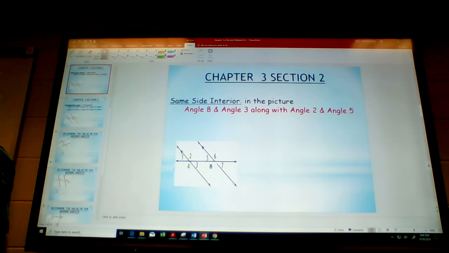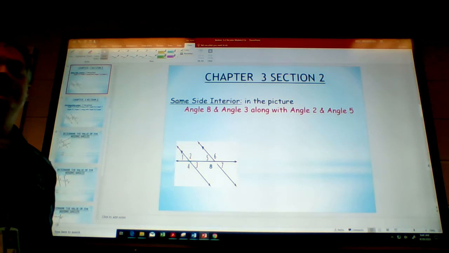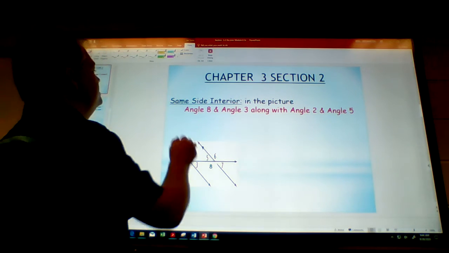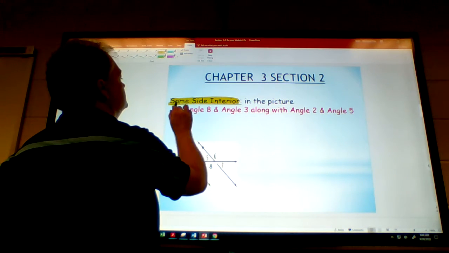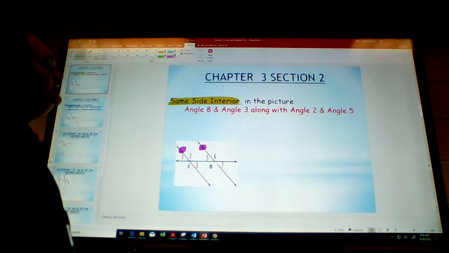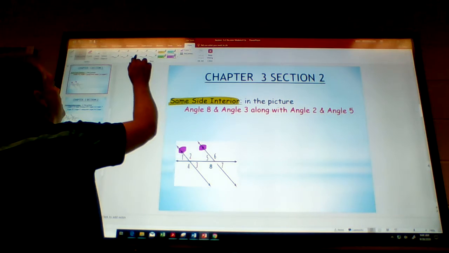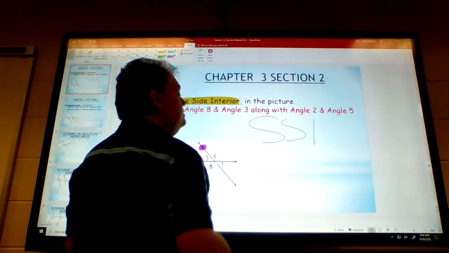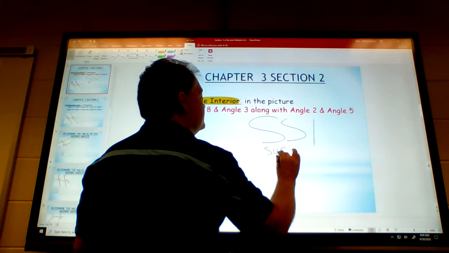Now we talked about alternate interior angles being congruent and alternate exterior angles being congruent. But what about same side interior angles? Now once again, we have the condition that both lines are parallel, as you see here. But in the case of same side interior angles, those angles are supplementary.